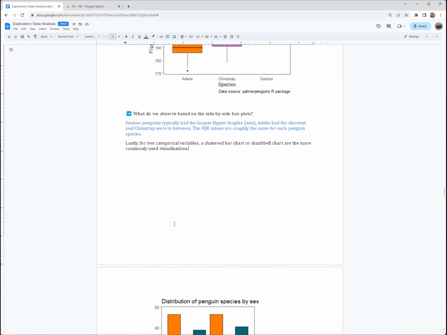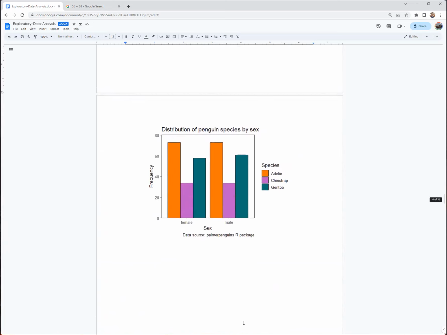If we have two categorical variables, this gets a little bit more dicey. One common visualization that people use, although I think is less and less commonly used more recently, is the clustered bar chart, where essentially you split up a bar chart for each level of an additional categorical variable, in this case, the sex of the penguin.